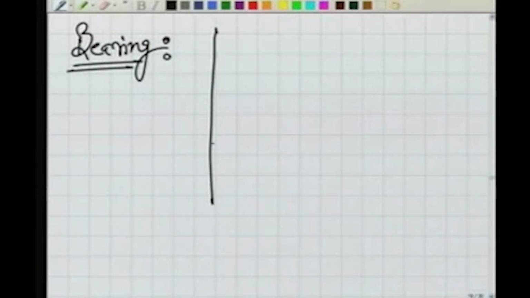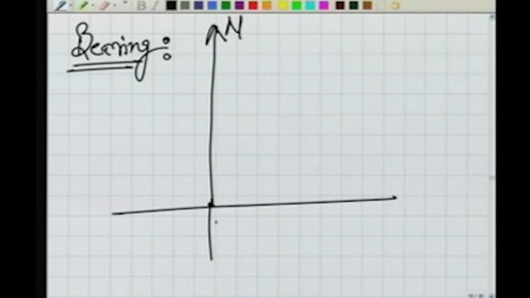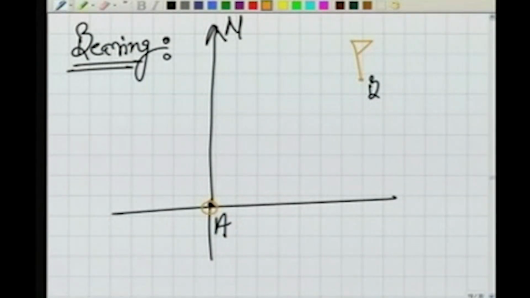Now for the bearing, if our meridian is this, let's say it is north, and we are standing at a point A, and there is another point B, where there is a ranging rod. I am standing at A, somewhere there is a ranging rod, and I want to measure the bearing of this ranging rod with respect to the magnetic meridian.